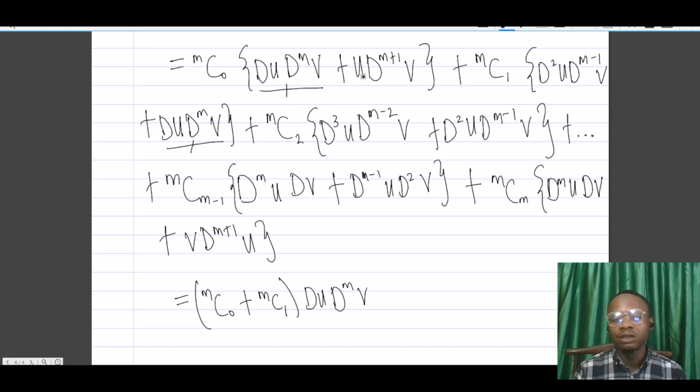Then the next one is u, the m plus 1 v. So we can see that u, the m plus 1 v is here. It is not here, it is not in any other position. So we can just write that out as it is. I think this should come first before this one, so let me put it first. So this is equal to m combination 0.